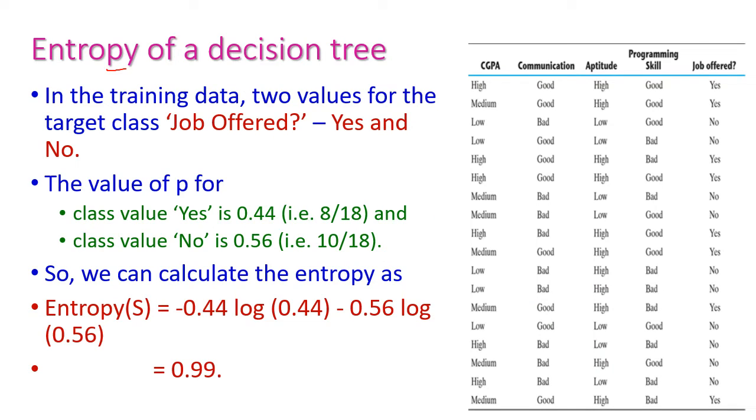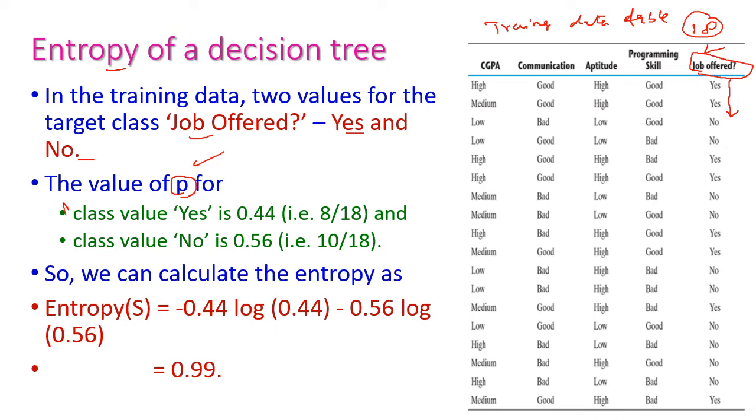Now let us find the entropy of the decision tree. Here the target variable is job offered. The job offered is having two values, yes and no. This is the training data table, and a total of 18 records are there. Now we need to compute the p value.